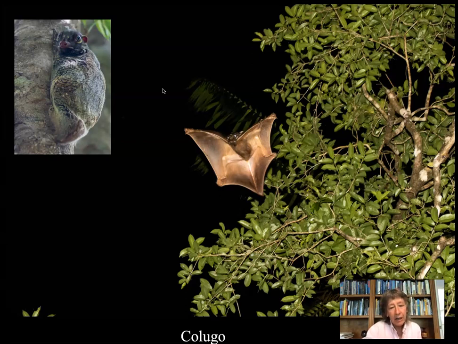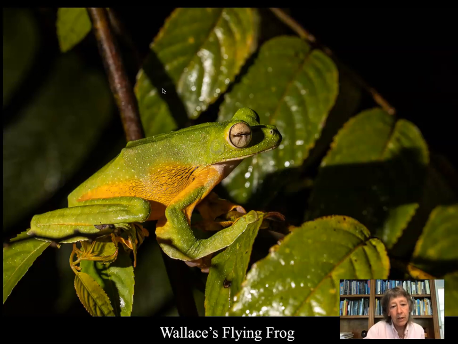And then an interesting flying, not really flying, but gliding mammal called a colugo. And we saw this actually in another lowland tropical forest area. Borneo has a number of gliding animals. They have gliding mammals such as this colugo. They have a number of gliding frogs. This is a gliding frog called Wallace's flying frog.